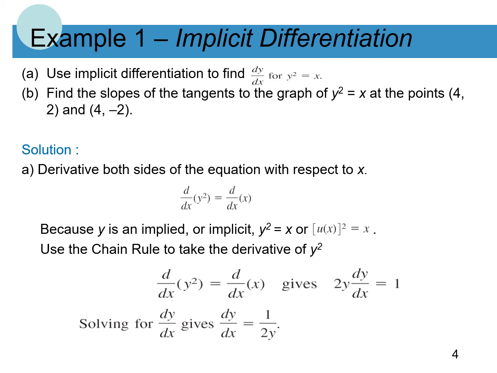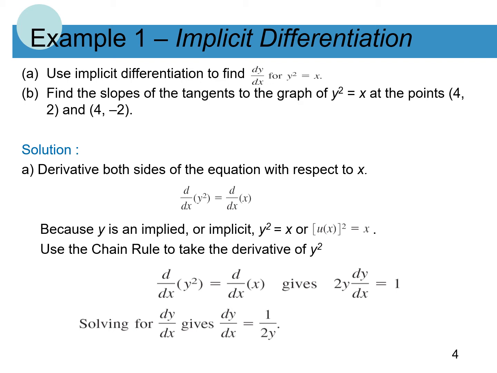Therefore, d over dx of y squared is equal to d over dx of x. Because in this case y is implicit, y squared can be represented by u, so instead of y squared, we have u squared, which is equal to x.